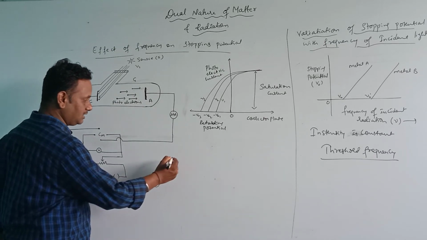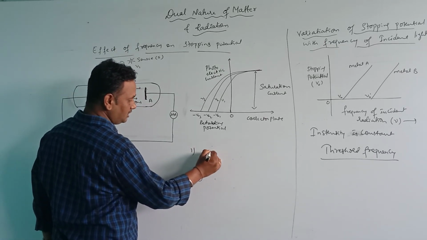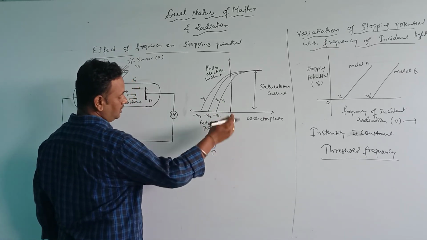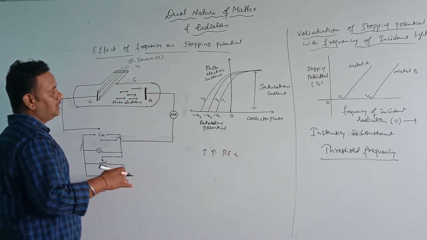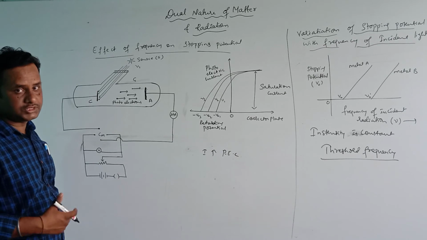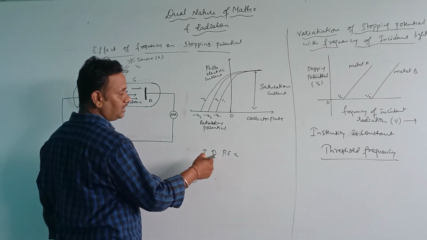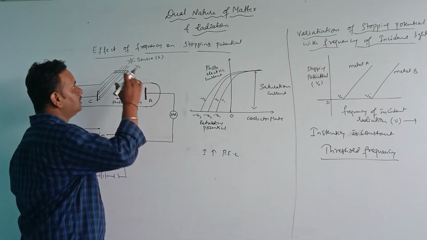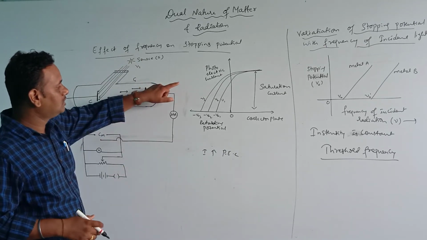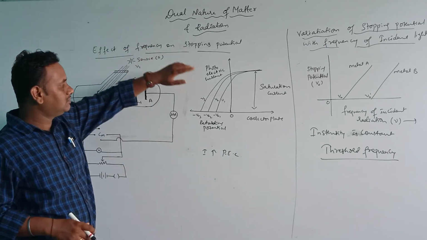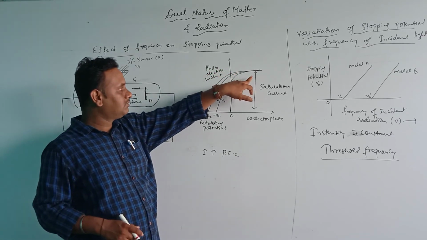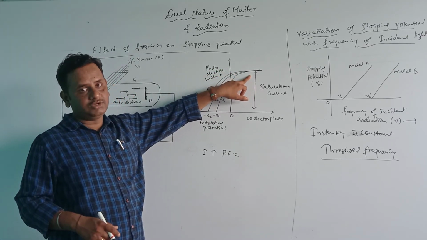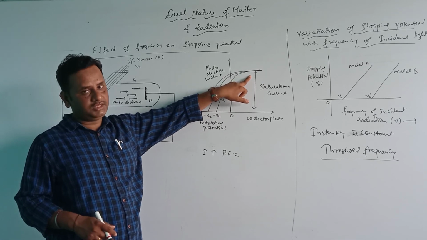As intensity increases, the photoelectric current also increases, and as the positive potential increases, the photoelectric current also increases. As frequency increases, the stopping potential is greater. But the saturation current does not depend on the frequency of the incident light.